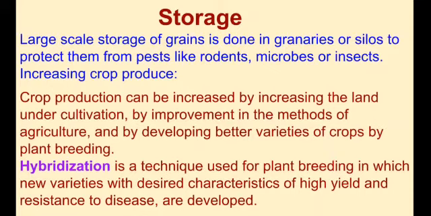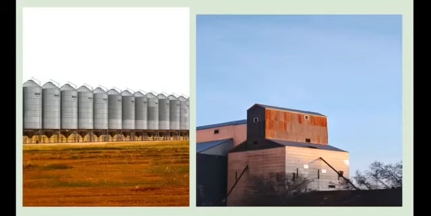That is why we can get the desired characteristic in our yield. So hybridization is a very important and effective technique to get good yield. Here in this picture are silos and granaries, where we can store our grains to protect them from rodents, microbes and insects.